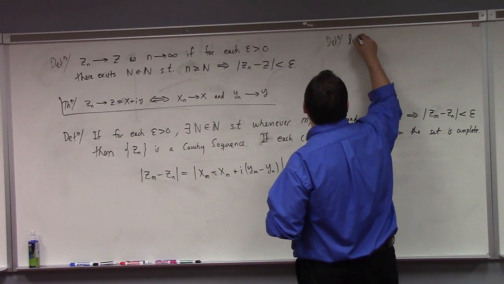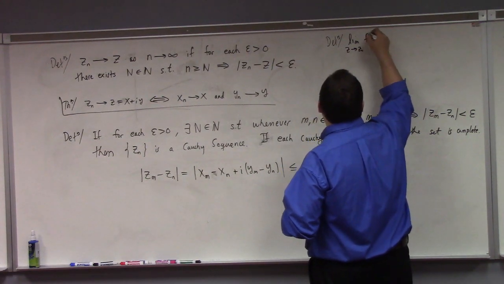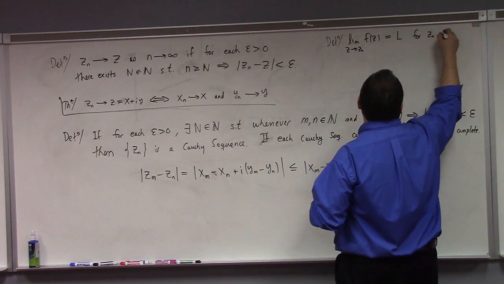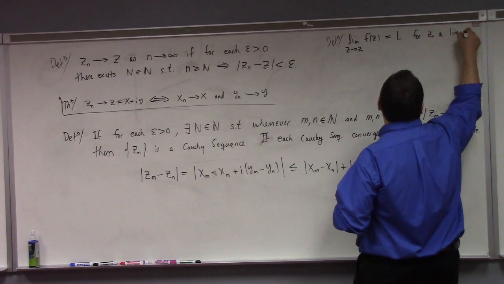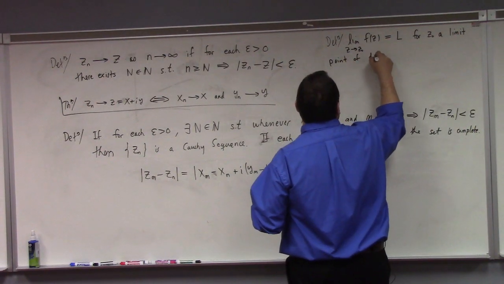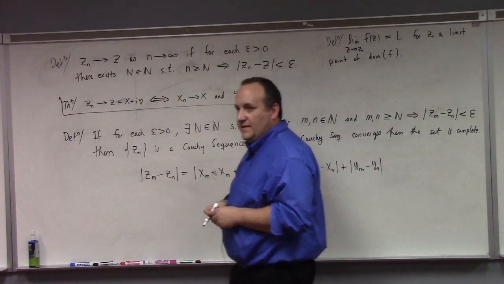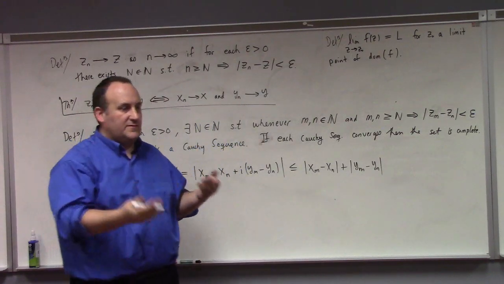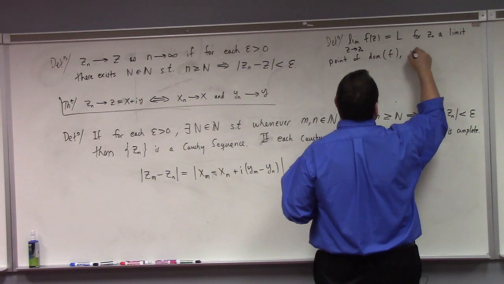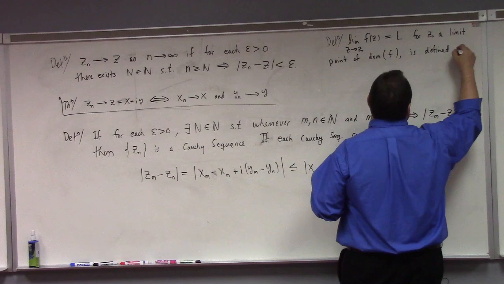The limit as z goes to z naught of f of z is equal to L, for z naught a limit point of the domain of f. We can define that, all right? How do you define it? It is defined as follows.